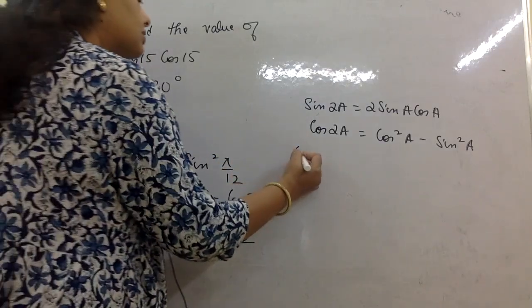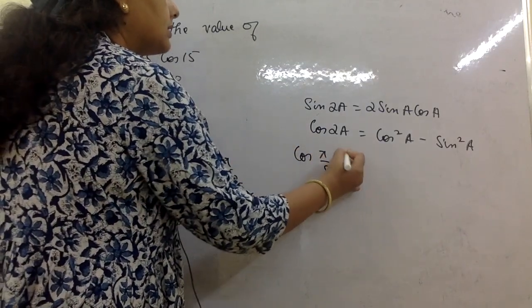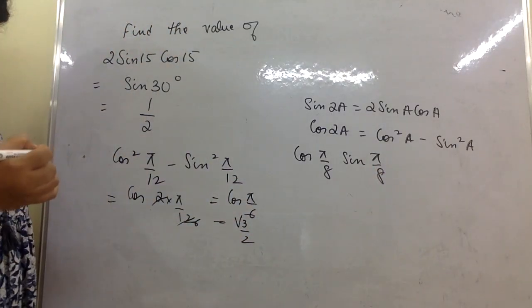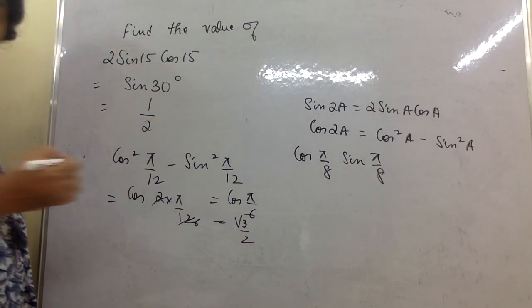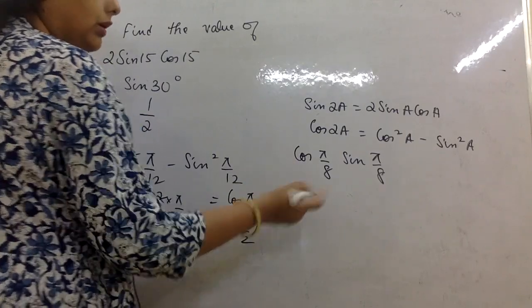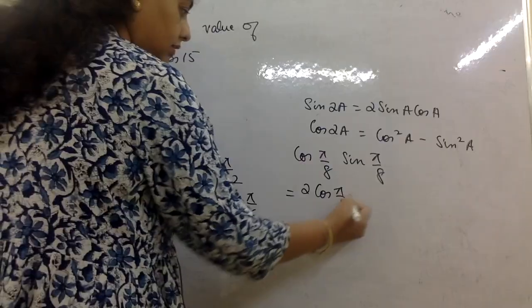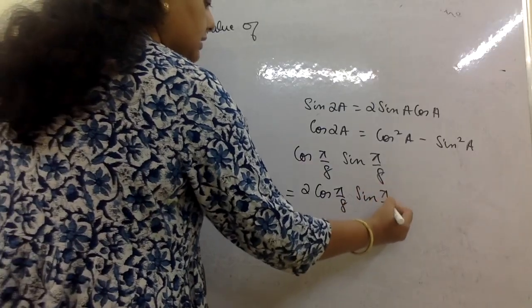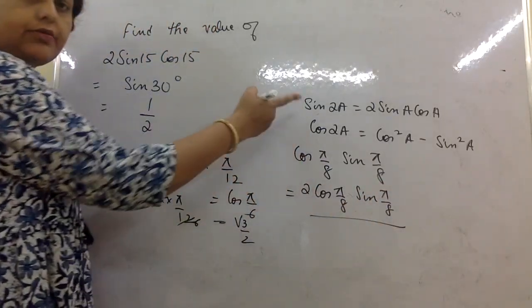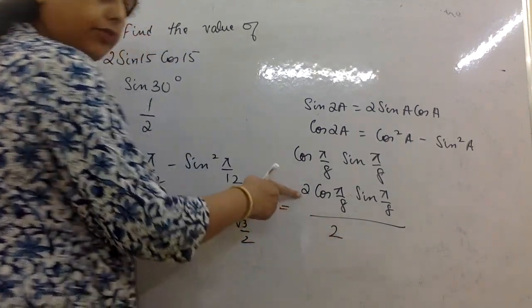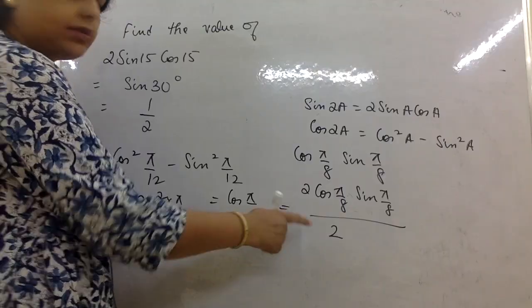Now there is a question which says cos pi by 8 into sine pi by 8, and find the value of this. Here what to do? All we will do is multiply with a 2. Recognize the formula that we are going to use, and because we have multiplied with a 2, we have to divide with a 2.